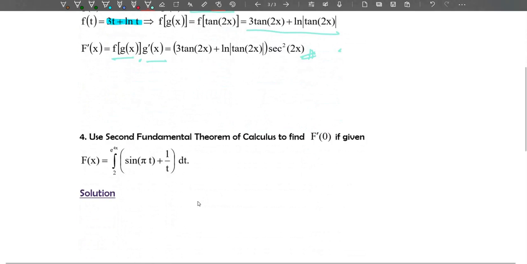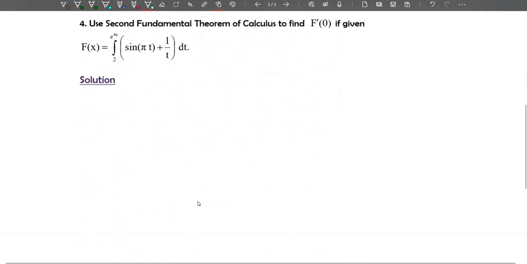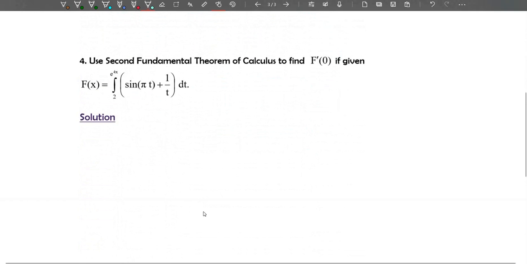The last example would be this one. You need to use the second fundamental theorem of calculus to find f prime 0, given f(x) is equal to the integral from 2 to e to the power 4x of sine pi t plus 1 over t with respect to t.